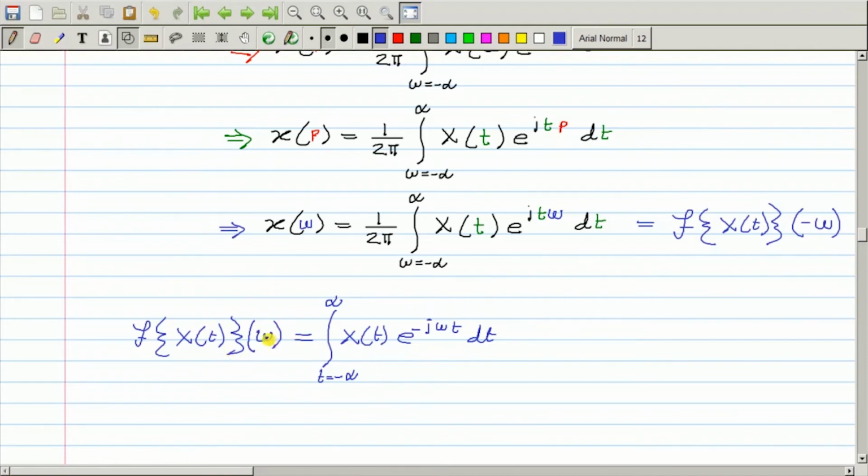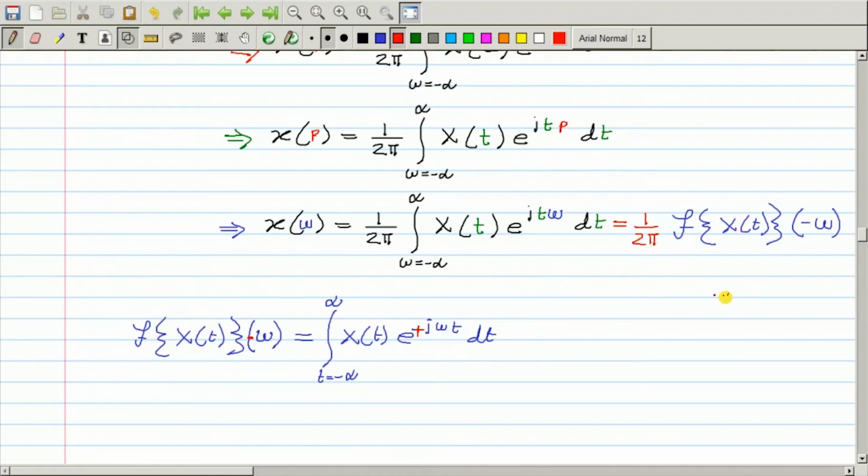Okay, and now if you put minus omega in place of omega in the left side, you have to also put minus here, which will make it plus. And this is exactly what we have here. I missed this constant, let me write this constant 1 over 2 pi.